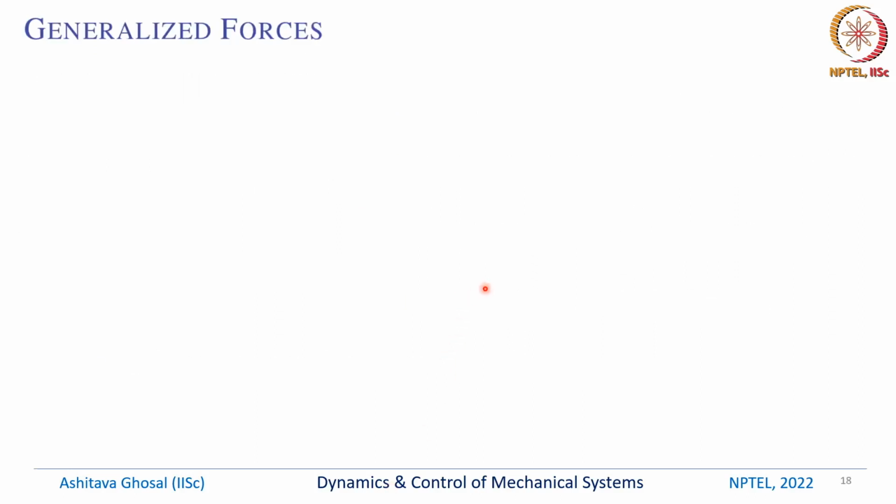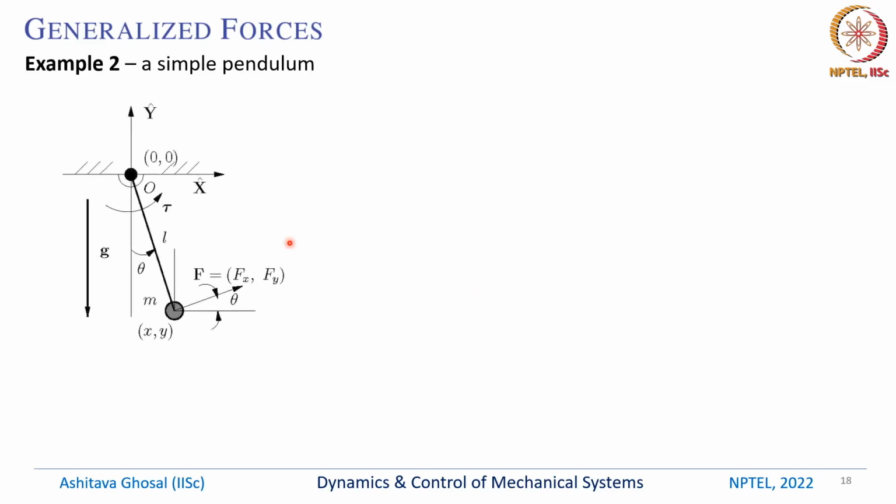For the next example of generalized forces, we'll look at the case of a simple pendulum. This picture shows a simple pendulum. Basically we have a bob of mass m. There is a massless rod of length L. There is a torque which is acting here.